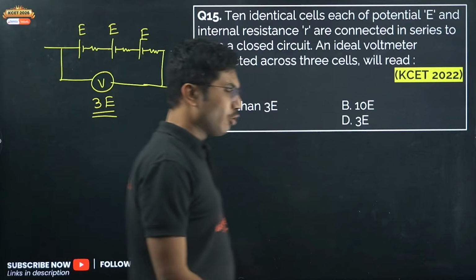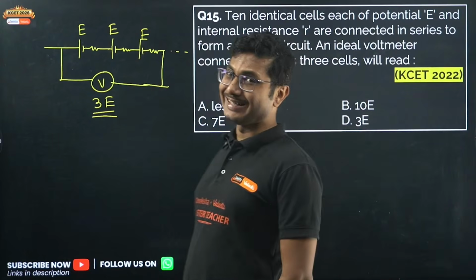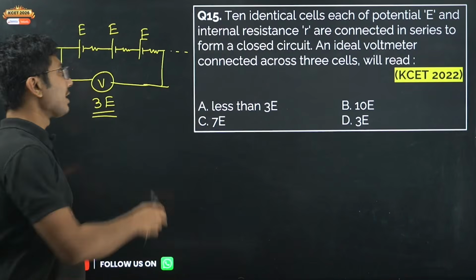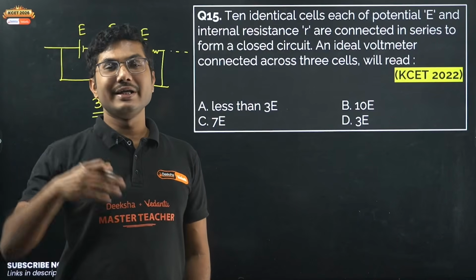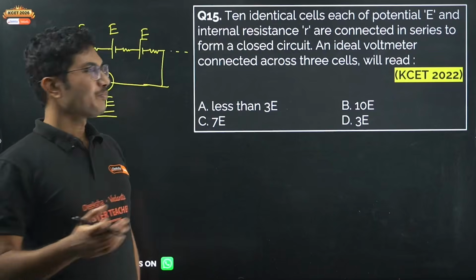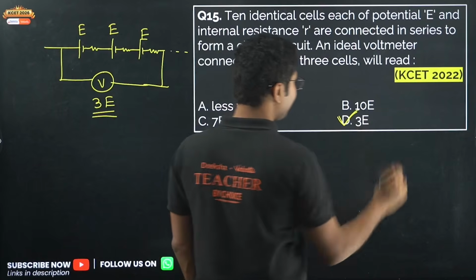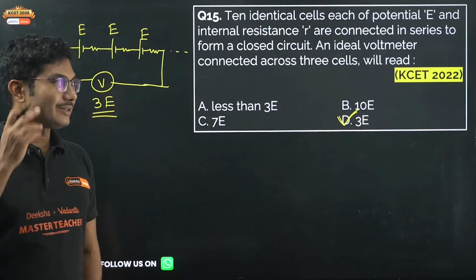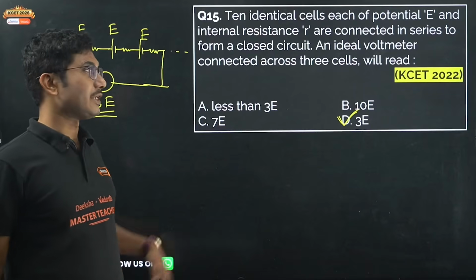Okay, so no matter how many resistances are connected in series, if they are connected in series, then the voltmeter will read the combined voltage. If they are connected in parallel, then the voltmeter will read exact E. Now here it will be exactly 3E, not less than 3E, because if you connect the voltmeter, the current is not flowing in the circuit.